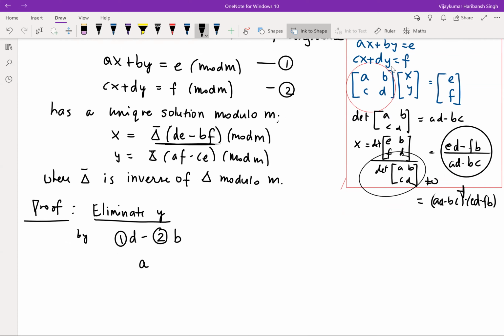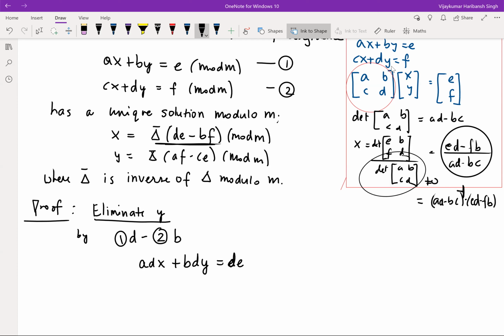So adx plus bdy equals de, or ed, because we want to write it in this de form. Although the ring of integers modulo m is commutative, we'll try to keep the order of the operation.